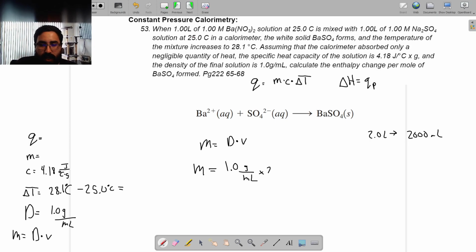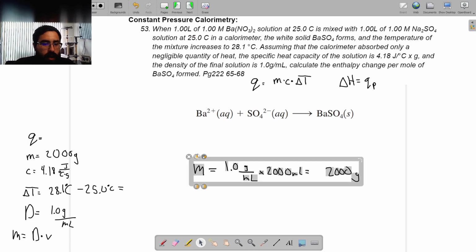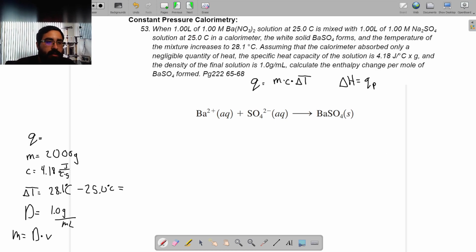So let's multiply by 2,000 milliliters, and then we have 2,000 grams of solution. All right, so now that we have that, we don't need this anymore. We can go and try doing our problem.